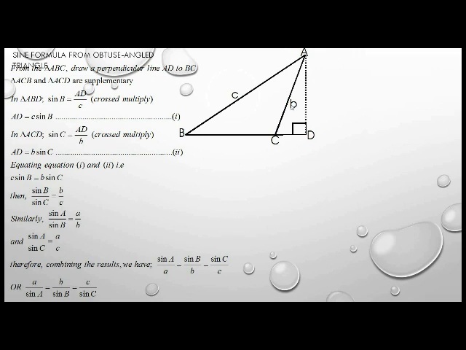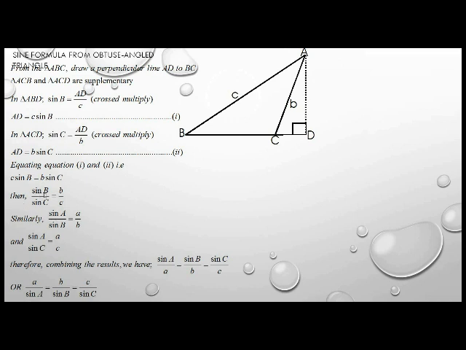That is our side B. That simply means from this triangle ACD, sine C will now give us AD over B. So if we cross multiply, our AD will be B sine C. Then if we put both equations together, we have C sine B equal to B sine C. That simply means equation 1 and equation 2: AD is equal to AD, C sine B is equal to B sine C. So that is what we equate together.